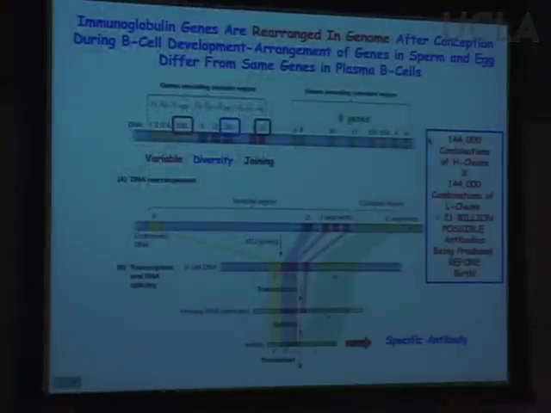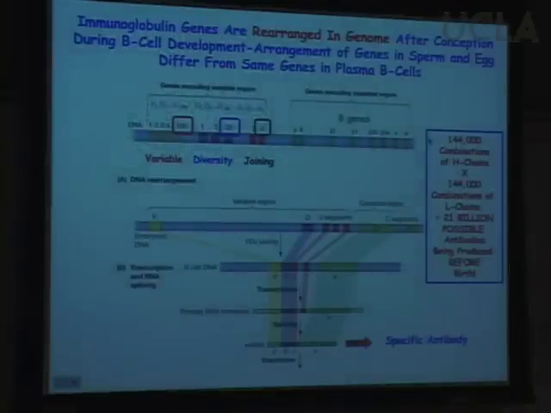And furthermore, if you take all the possibilities here, so 100 of these sequences, 30 of those sequences, 8 of those sequences, 6 of those sequences, 8 of those, if you put together those combinations, it's 144,000 combinations, just to make the H chain. The light chain has a similar organization, and you can have 144,000 combinations of L chain.